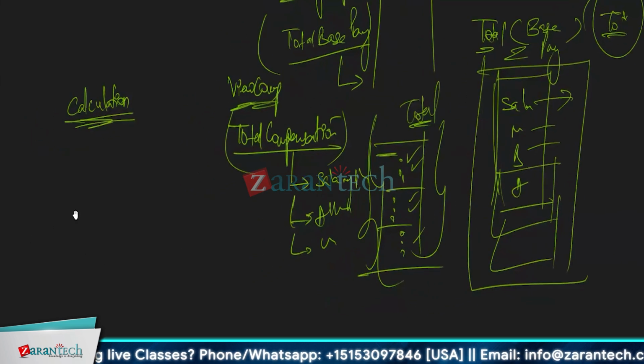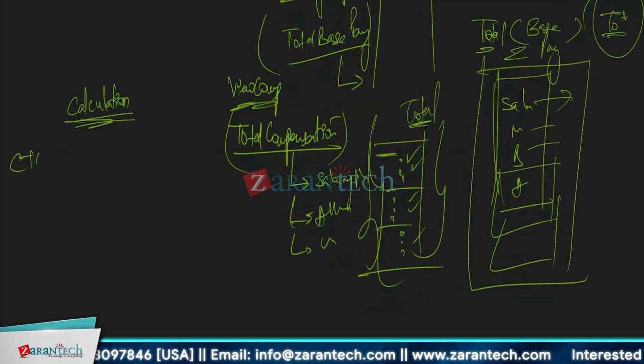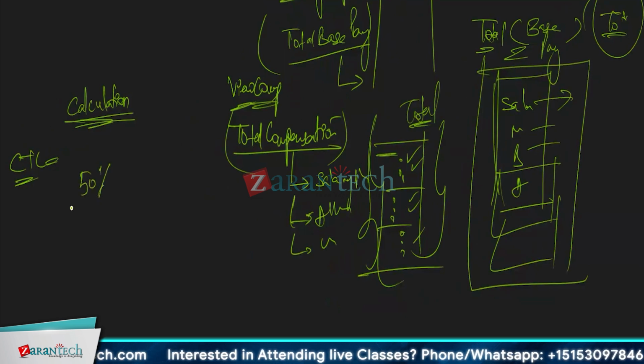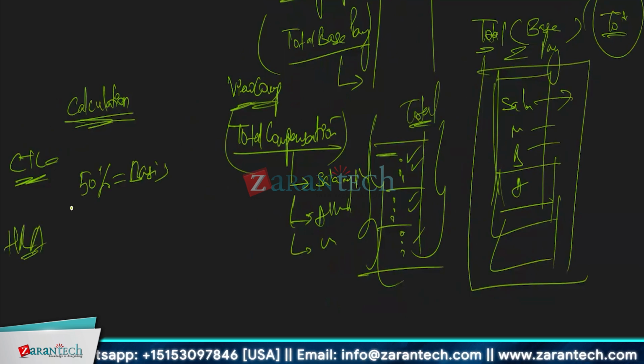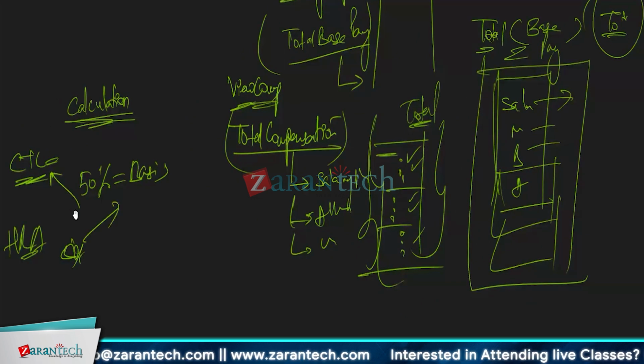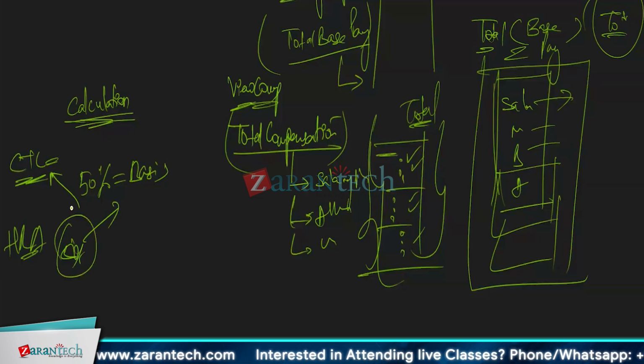for calculations. For example, yesterday we were discussing the concept of CTC in India. In CTC, 50% of total CTC will be the basic salary, and the HRA component is always 50 percentage of the basic. It is not 50 percentage of CTC. Now, how would you calculate 50 percentage of basic?